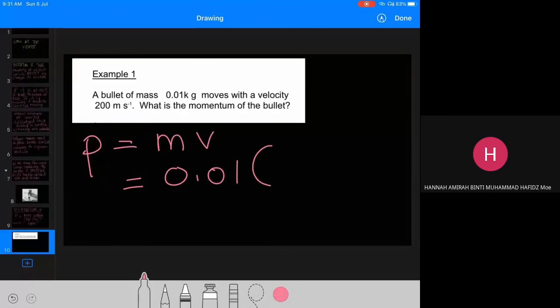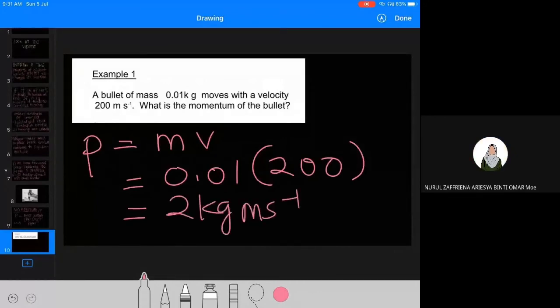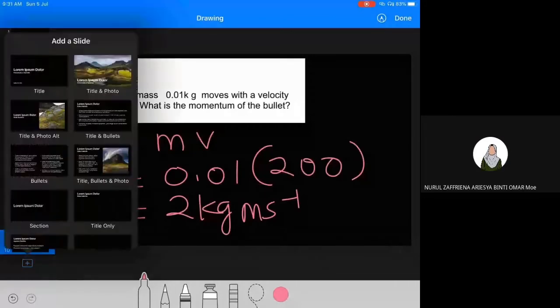Okay, so what is the answer? 2 kilogram meter per second. Yes, 2 kilogram meter per second. Okay? Boleh? So kita tengok second example.